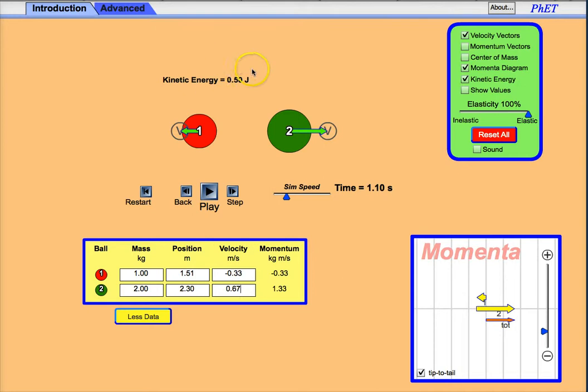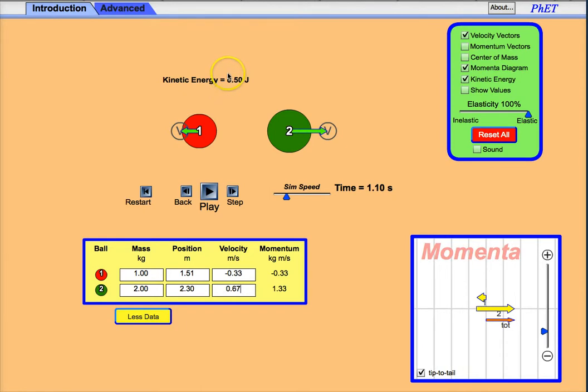First, let's read off the kinetic energy, and we can see that it's still 0.5 joules after the collision. Note our elasticity setting, and we've specified that it's an elastic collision. Now by definition, that means that kinetic energy is conserved, which means that this kinetic energy remains at 0.5 joules.